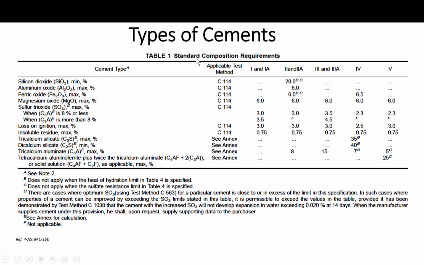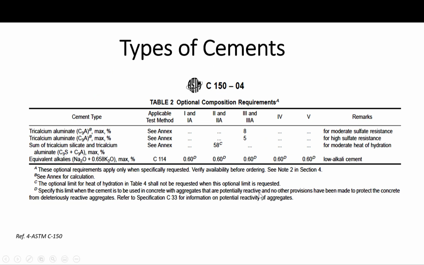But here, for example, this table 1 shows the standard composition requirements for the various types. What are the standard requirements? If it's blank here, there is no standard requirement, okay? This table here shows optional composition requirements, optional.